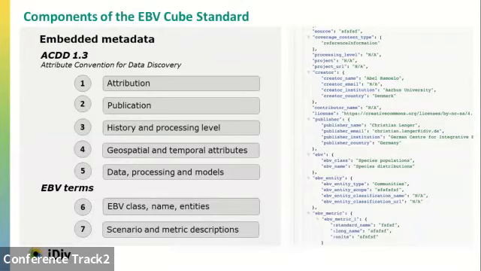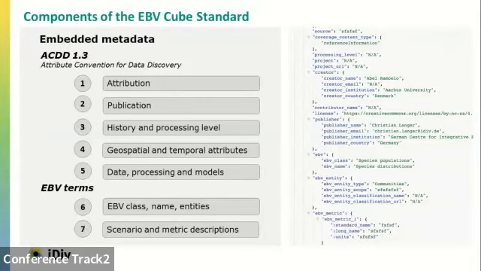So a group of them is about attribution, a second group is about publication, and one thing that we are already doing is to provide the capacity to publish the data by providing DOIs. So any user that wants to upload an EBV cube in the GeoBON data portal that I will show in a minute can directly get a DOI, so the data set is directly citable.